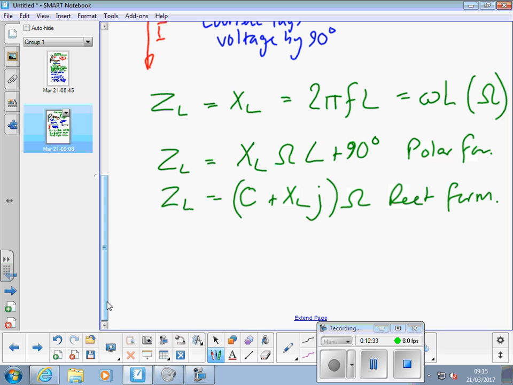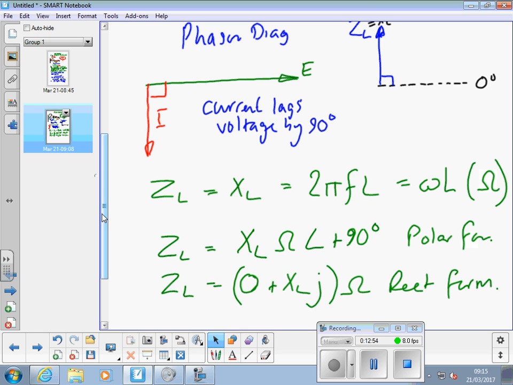So two ways of representing the impedance of the inductor: XL ohms at angle plus 90 degrees in polar form, or 0 plus XLj ohms in rectangular form.